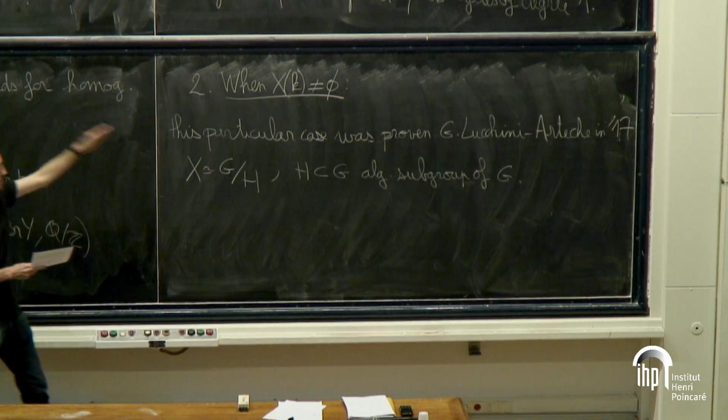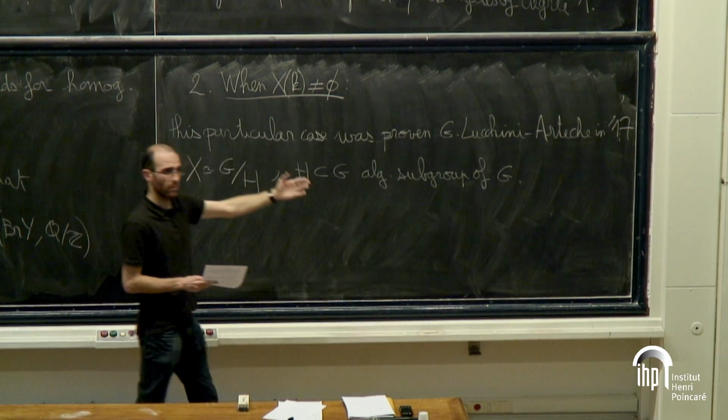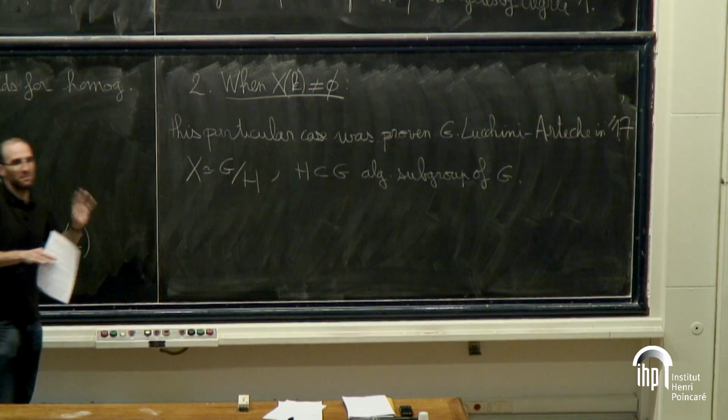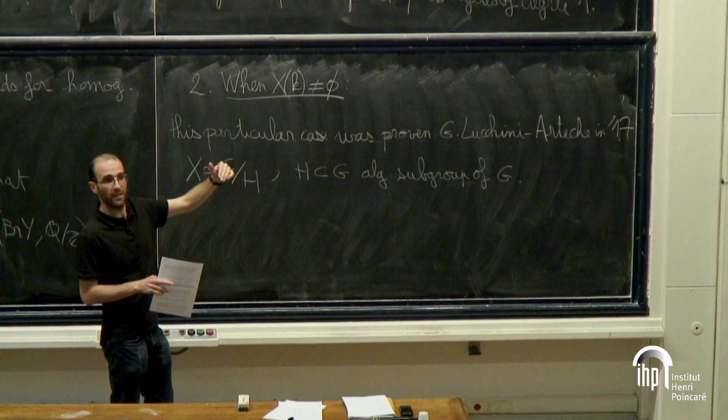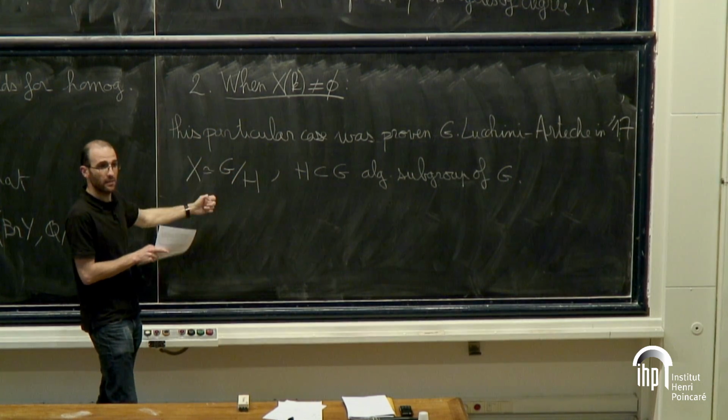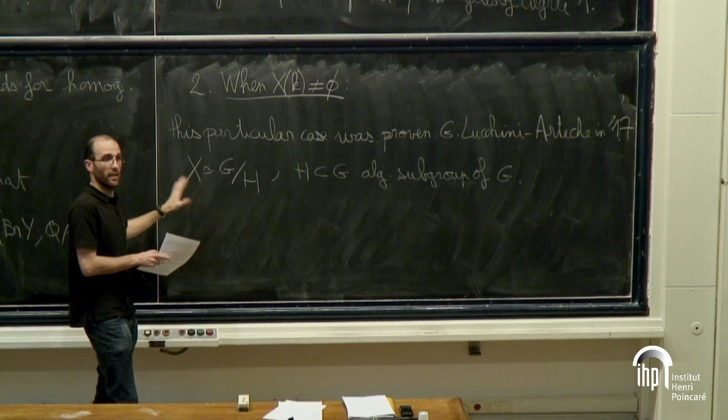In fact, for any X, we construct an essentially explicit homogeneous space X prime of SLN with finite stabilizer, which is sufficient to test the conjecture for the initial X.